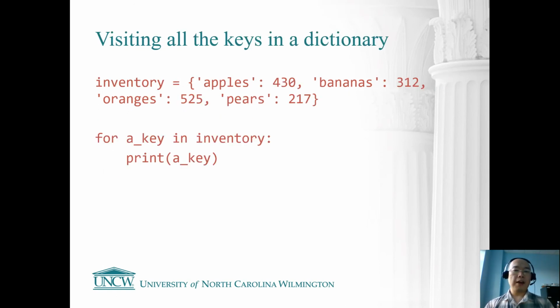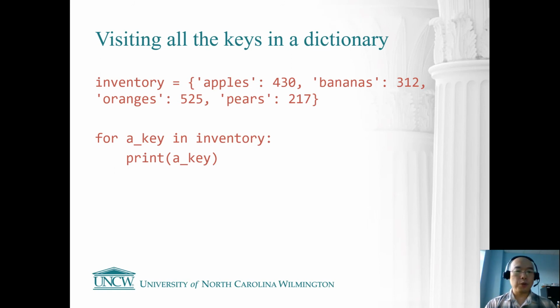Okay, how about the next one? We have an inventory of 4 fruits, and I want to do for a key in inventory, and then print the key. So what am I gonna print? I'm gonna print all the keys, including apples, bananas, oranges, and pears.